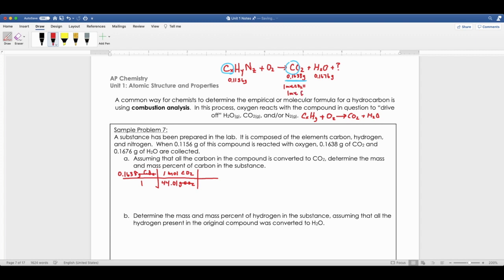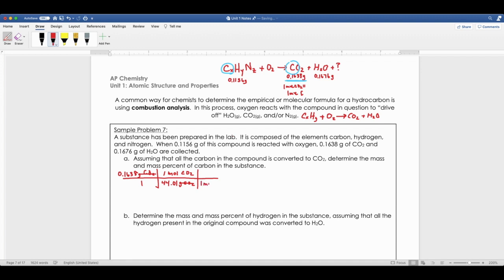If I have 12 molecules of CO2, I have 12 carbon atoms. If I have 500 molecules of CO2, I have 500 atoms of carbon. Therefore, if I have 1 mole of CO2, I also have 1 mole of carbon.